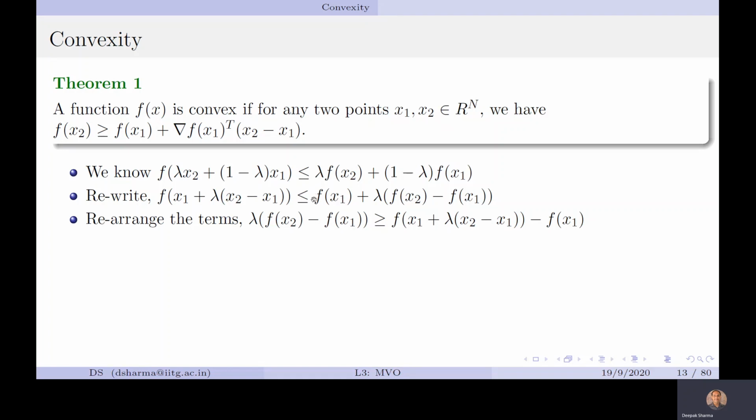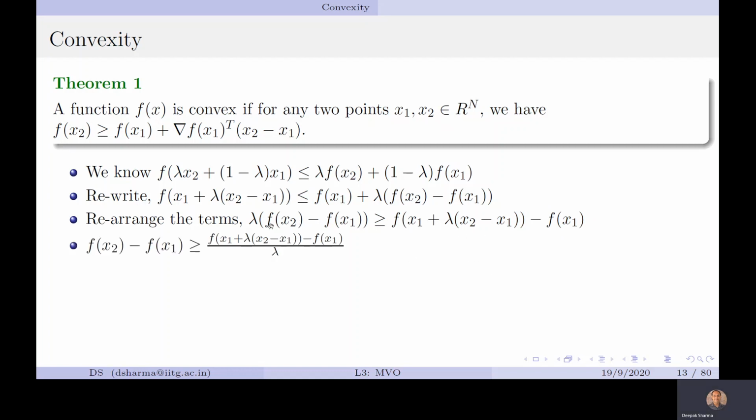Look at this f of x2 in the previous equation. This we will take to the other side. Now the term which is left is lambda times f of x2 minus x1. That's why I have written it under rearranging terms. So lambda times (f of x2 minus x1) should be greater than or equal to f of x1 plus lambda times (x2 minus x1) minus f of x1. This term we take from the other side.